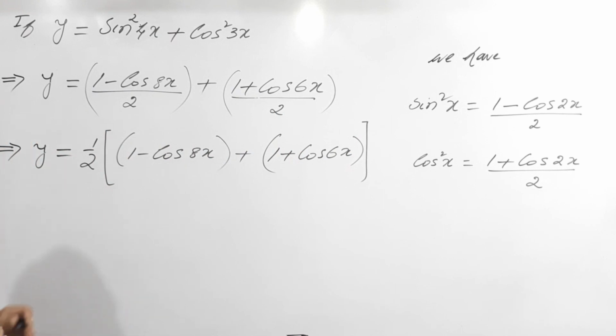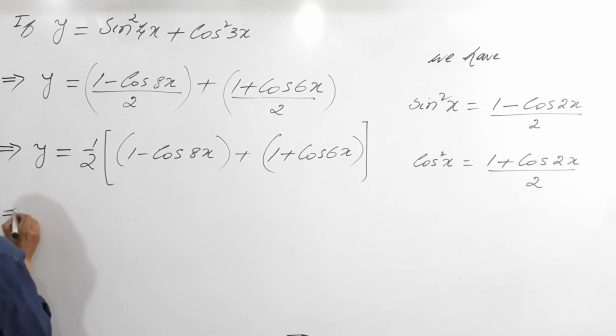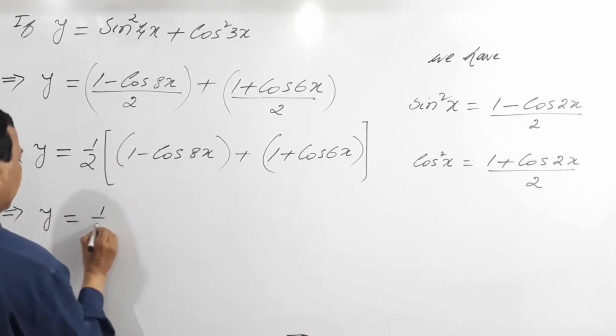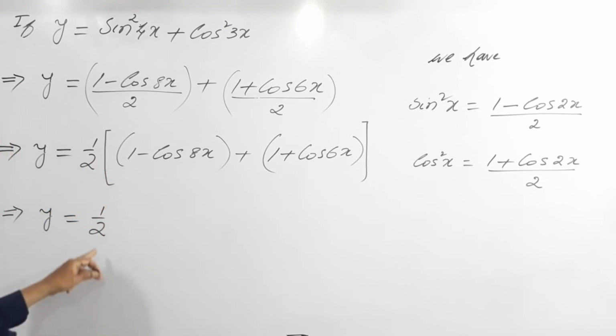Now I will multiply this. Y equals, multiply this. Half into 1 is half. Half, we have minus value.